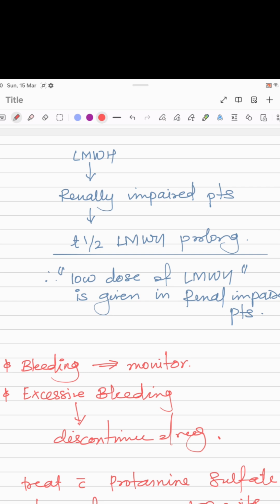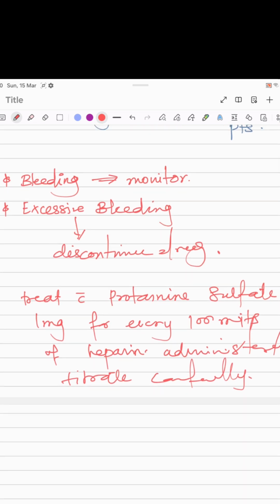So we have to titrate protamine sulfate carefully, because 1 mg for every 100 units of heparin is administered. That is protamine sulfate.